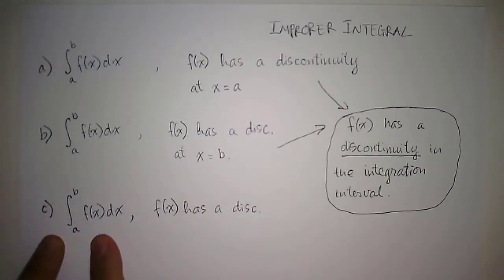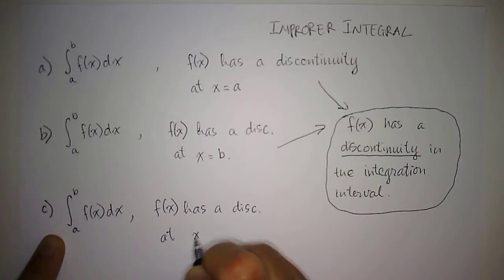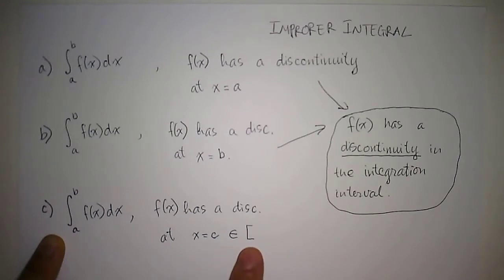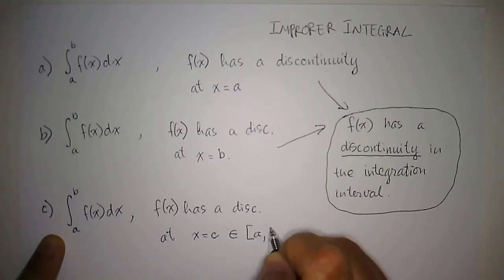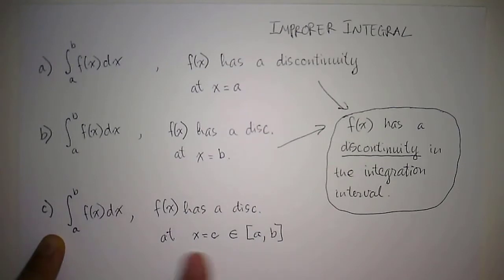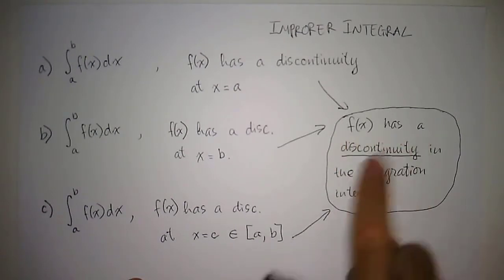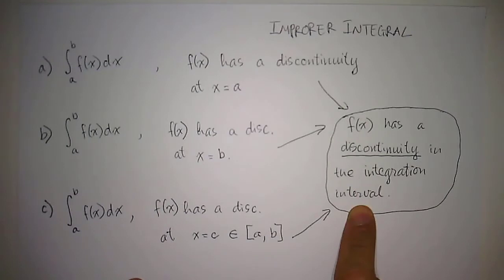In this case C, f of x has a discontinuity at some value x equals c, and more importantly, that value c is inside the interval, somewhere between a and b, which is our integration interval. This is also the third case, the more generalized case, which describes the fact that f of x has a discontinuity in the integration interval.